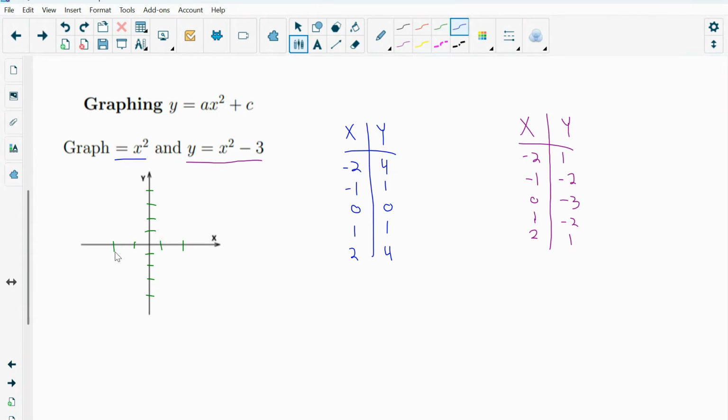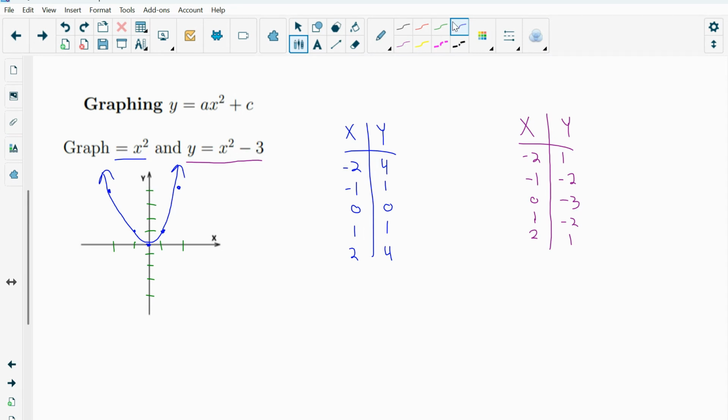So I have negative 2, sorry, positive 4, which would be up here. Negative 1 and 1, 0, 0, 1 and 1, 2 and 4. And that is going to give me my parent function, which looks something like this.